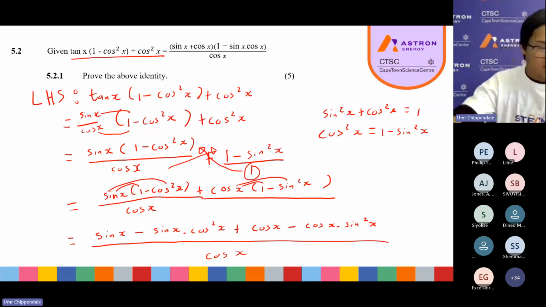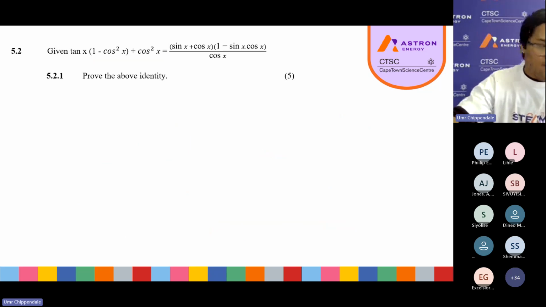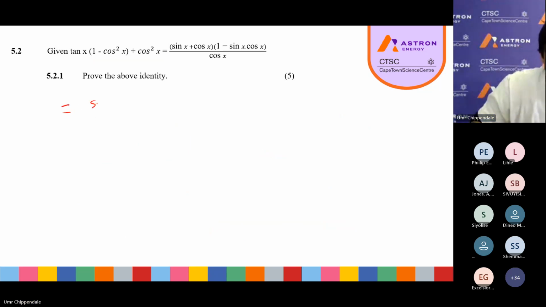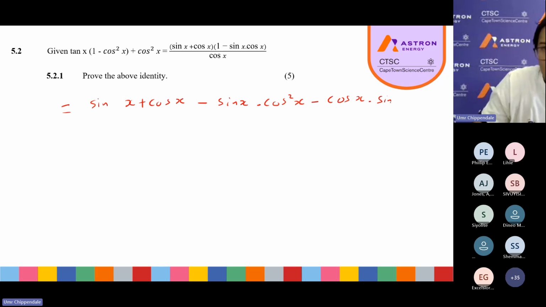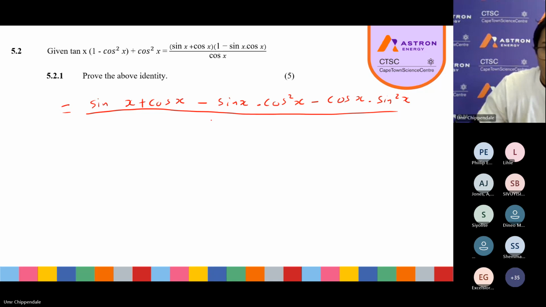So I hope everyone still has a spot over here. Now, when we rewrite the next part, that is now equal to sine x plus cos x, minus sine x times cos squared x minus cos x times sine squared x, all over cos x.